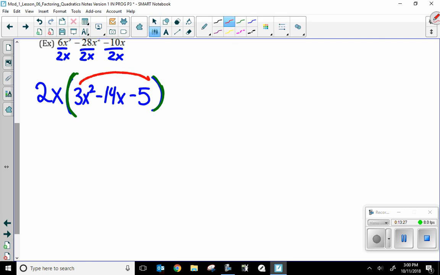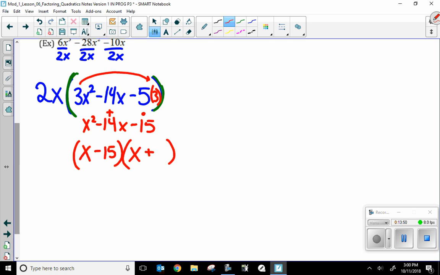Slip the 3 over to the back. So that's x squared minus 14x minus 15. I'm going to factor this. What multiplies to negative 15, but adds to negative 14? Negative 15 and positive 1.